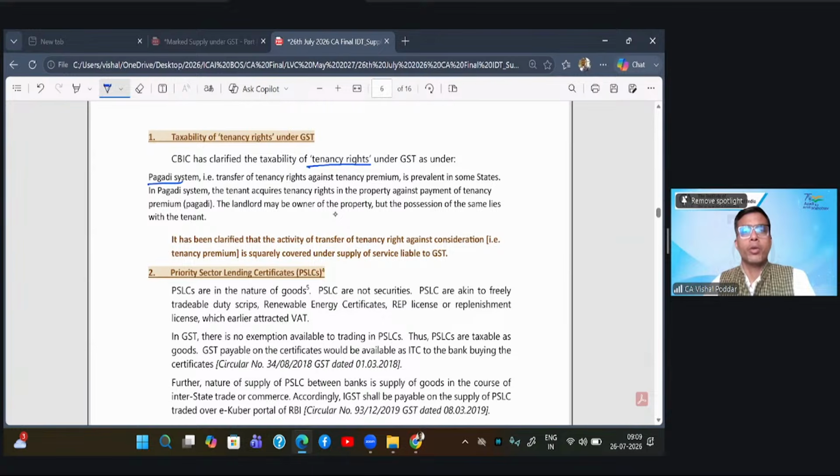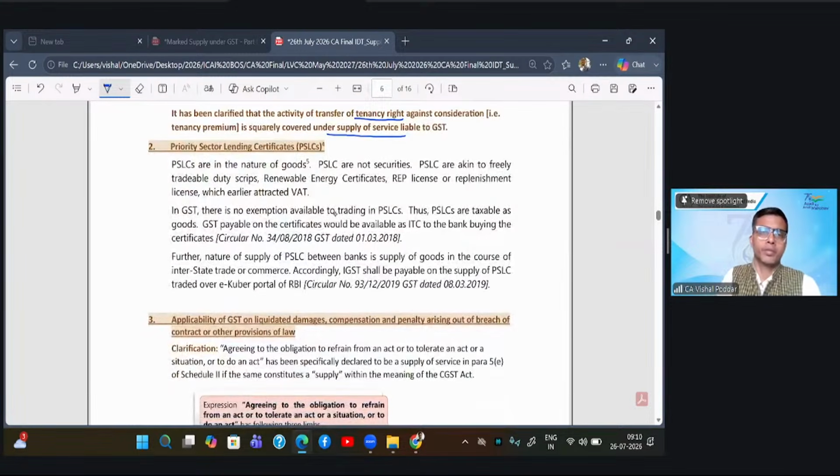Now, whenever you are giving this property on a lease of 99 years, you charge a lump sum consideration. That lump sum consideration is covered under GST, and it is to be treated as a supply of service. So giving away your tenancy rights against a lump sum consideration, which is also called pagadi or premium, will be taxable under GST as a supply of service.